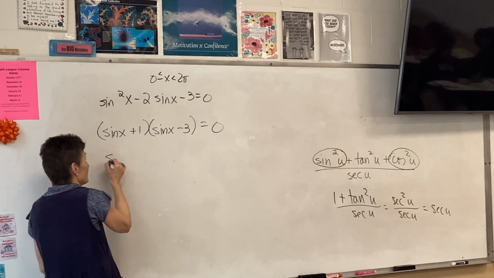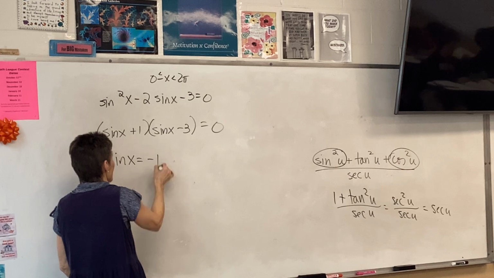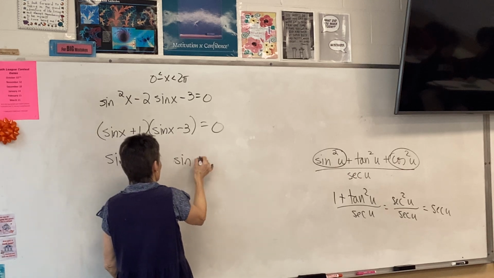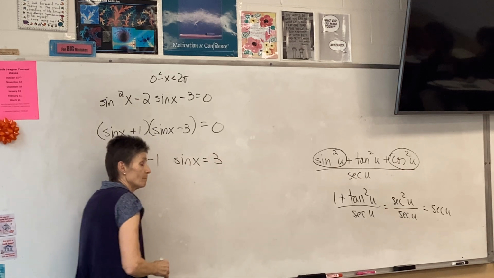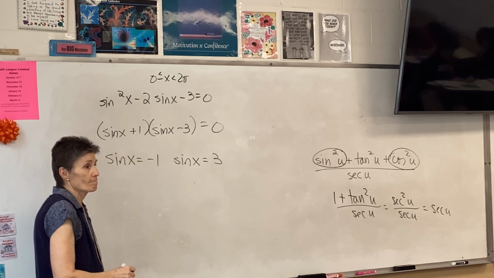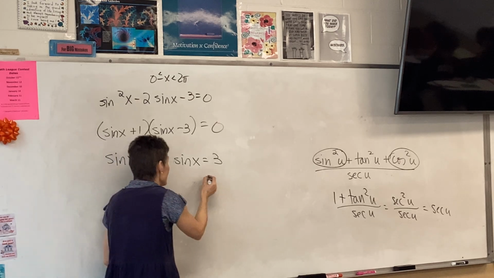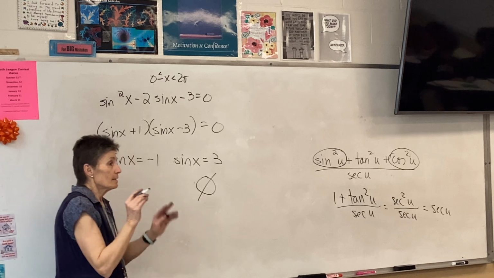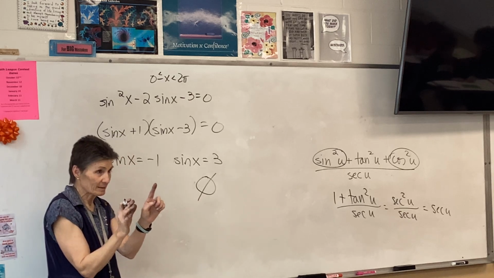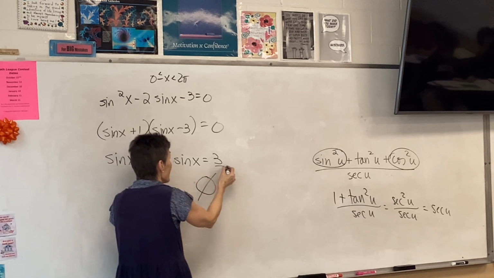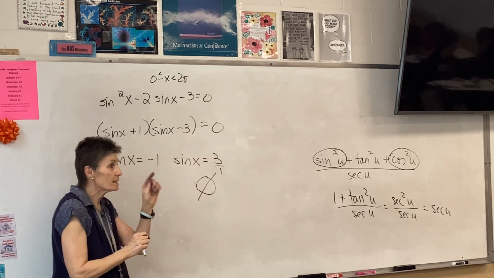So what does that mean? Sine x equals -1, or sine x equals 3. Can't be 3. Stop a minute and think about this. Can sine be 3 over 1?